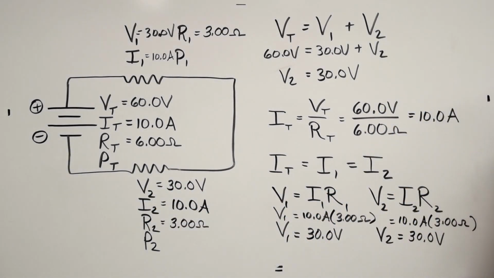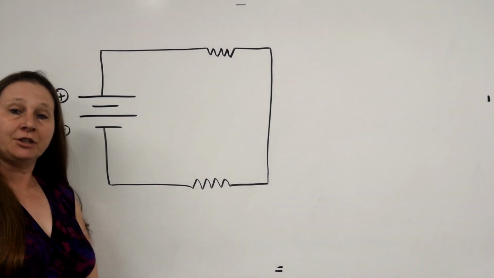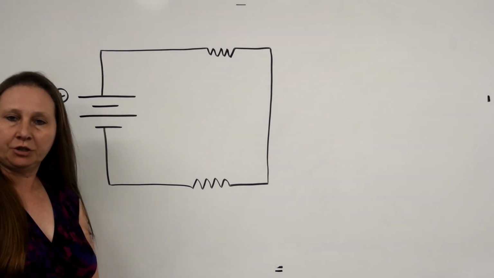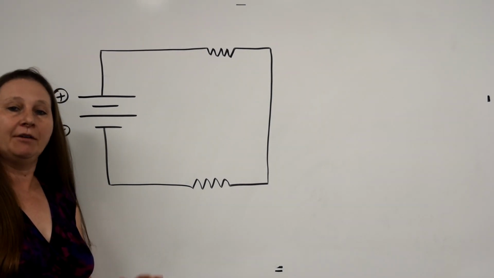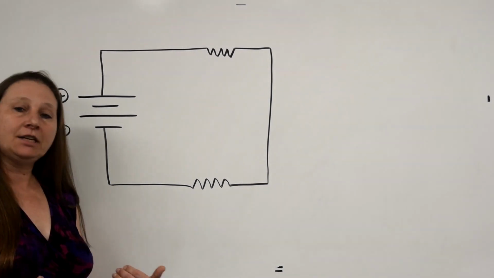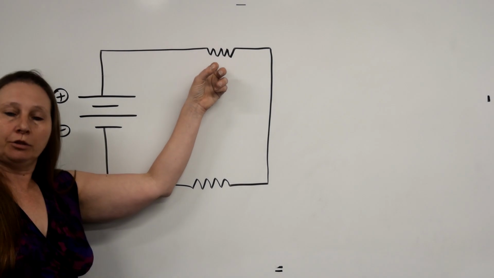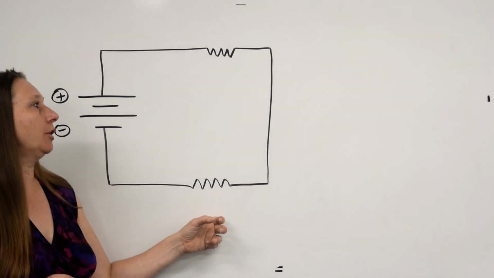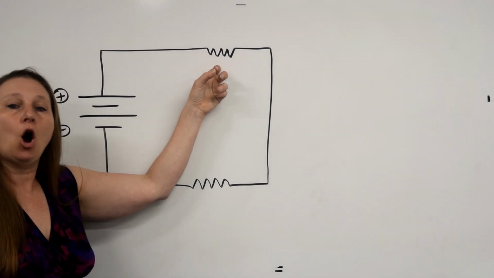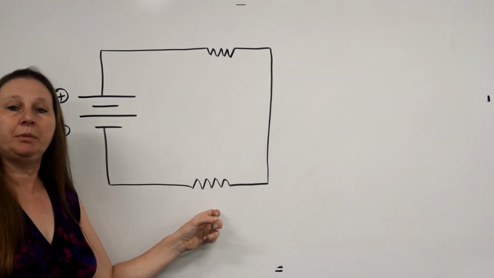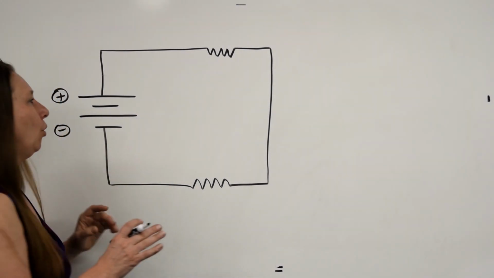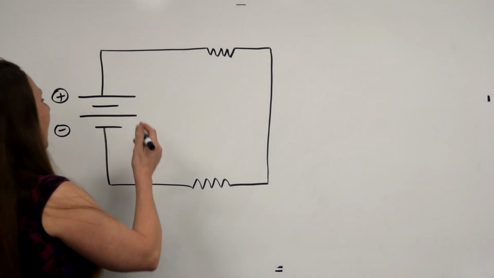All right? So, here's our next series circuit, and for this series circuit, the two resistors are not going to have the same resistance. In the last series circuit, this was 3 ohms, and this was 3 ohms. For this series circuit, this will be a 2 ohm resistor, and this will be a 6 ohm resistor. Let's start filling in all the other information that we have.